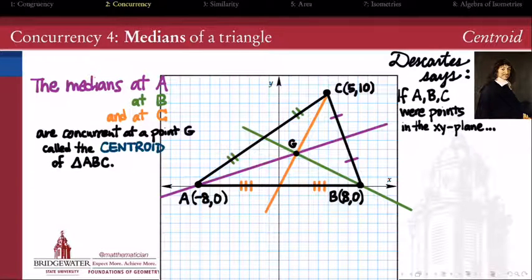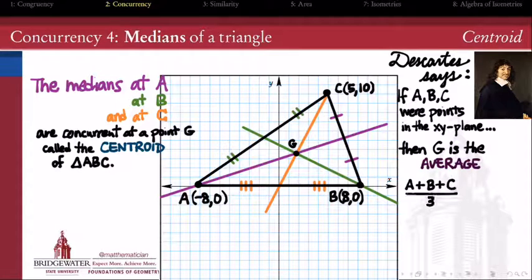That's something that we can't do in plain, intrinsic Euclidean geometry, the way that we typically will do geometry. But if I have coordinates, I can do arithmetic. And according to Descartes, I can find the centroid of a triangle merely by averaging the coordinates of the three points at the vertices of the triangle.